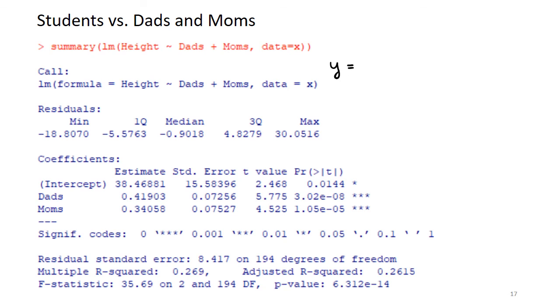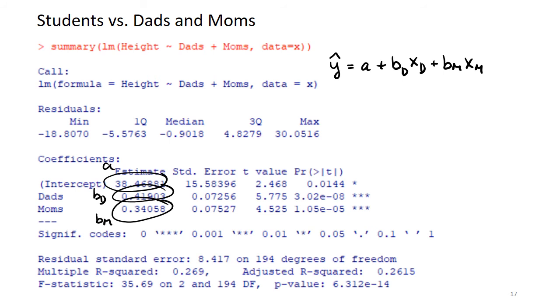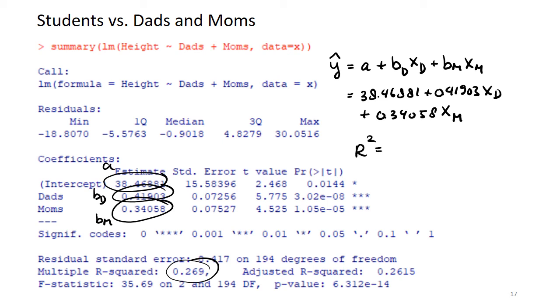Now we do multiple regression. The R square, while the R square is improved, it is still low.